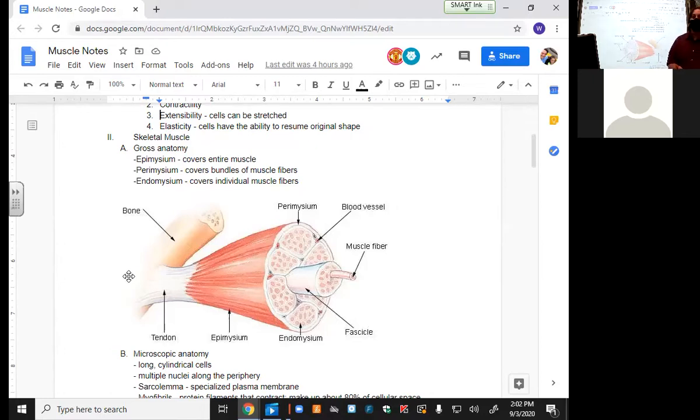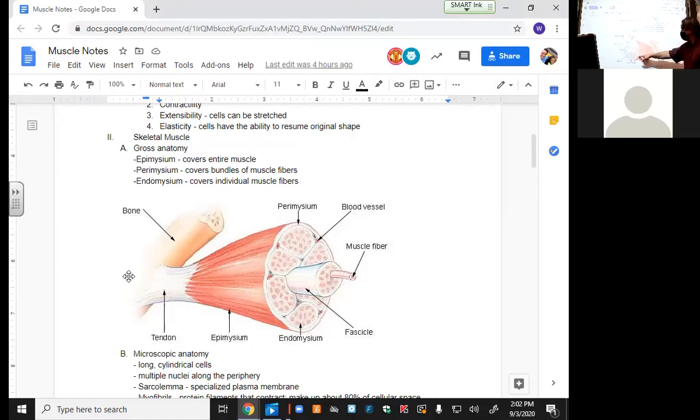You might not know what your bicep looks like, but you know what a chicken breast looks like, and you know what a steak looks like. What you're looking at, when you're thinking about meat, is muscle. And so you know the coverings, you know the way that the fat kind of interweaves and separates it into sections. That's muscle, okay? So we're looking at this guy right here.